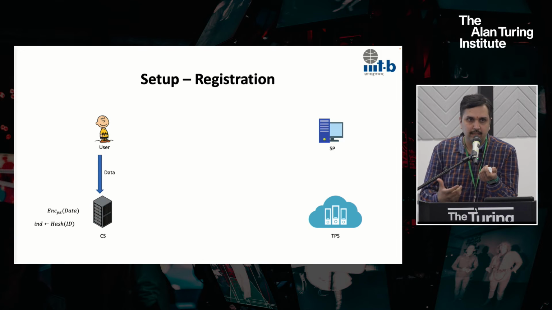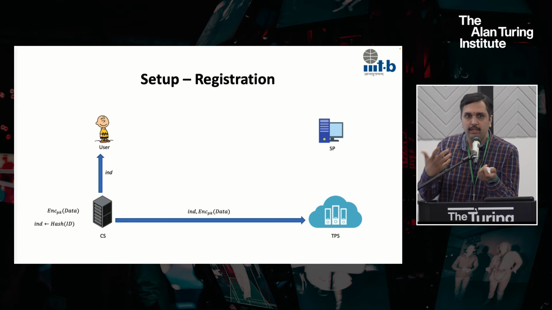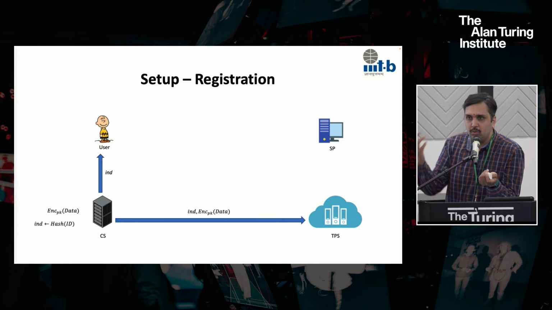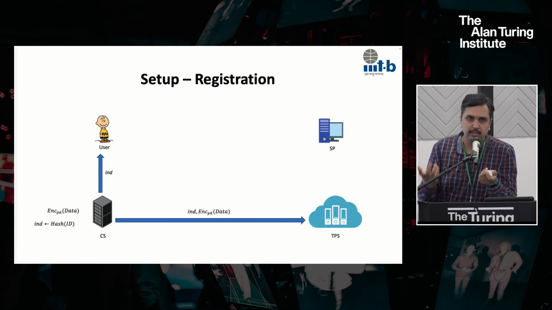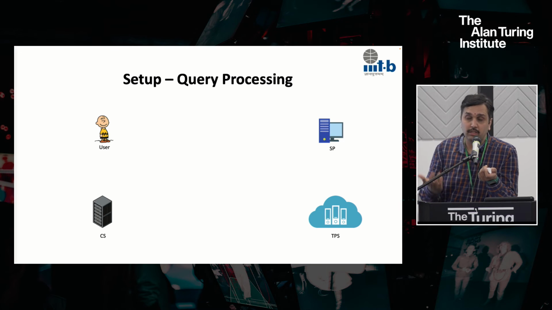This data is encrypted, and an index into the database is generated. This index is shared with the user, and all the encrypted data is outsourced to the TPS, the third-party cloud service.